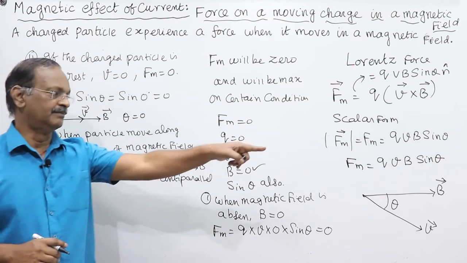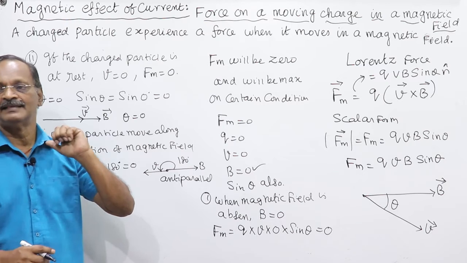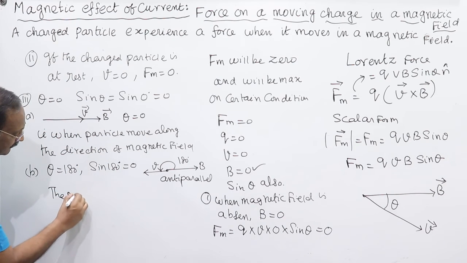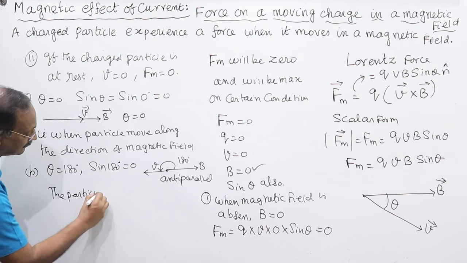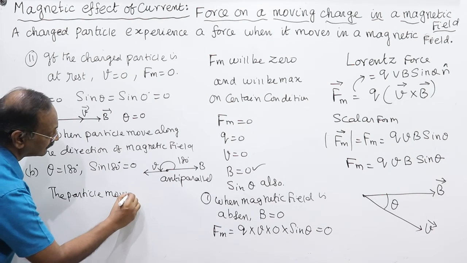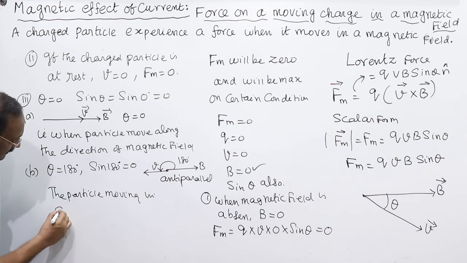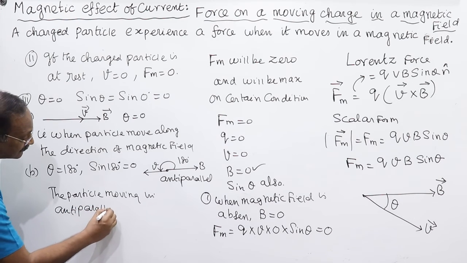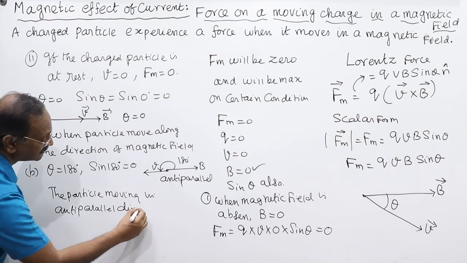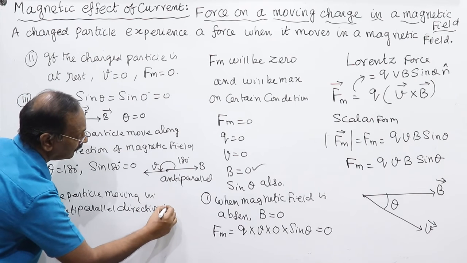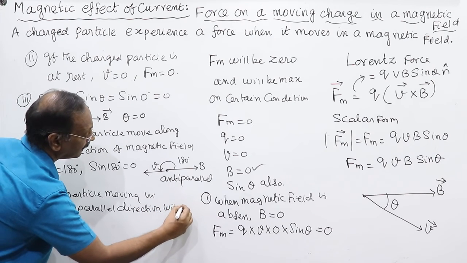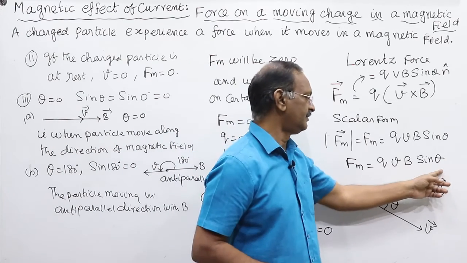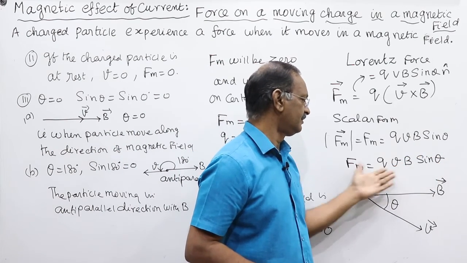B is in this direction, velocity is in the opposite direction, the particle moving anti-parallel with B. So if theta is equal to 0, sine of 0 is equal to 0, Fm is equal to 0.